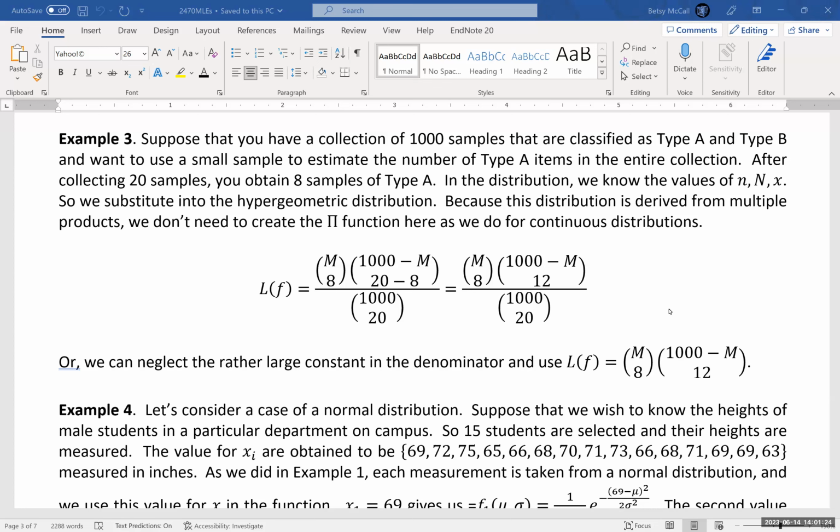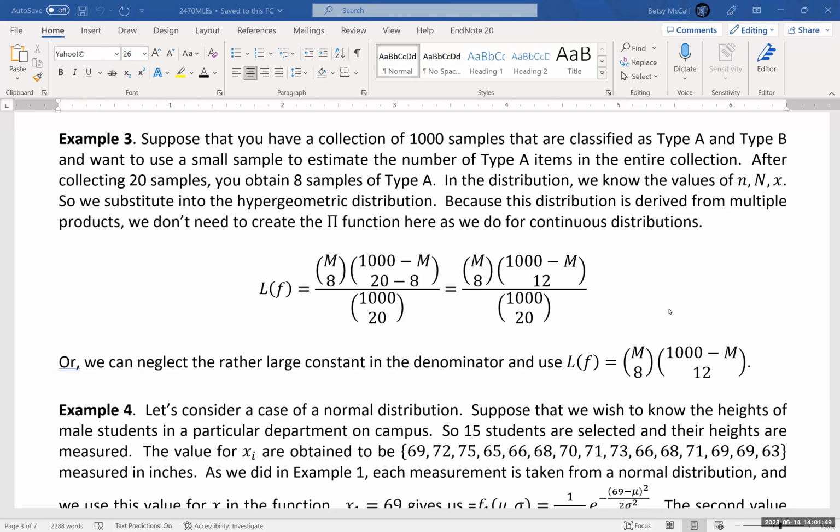So to set up the maximum likelihood function, remember, we have a series of outcomes, and the hypergeometric distribution in particular is already a calculation based on a series of outcomes. So it's one of those cases where the maximum likelihood function is itself just the distribution with the values filled in.